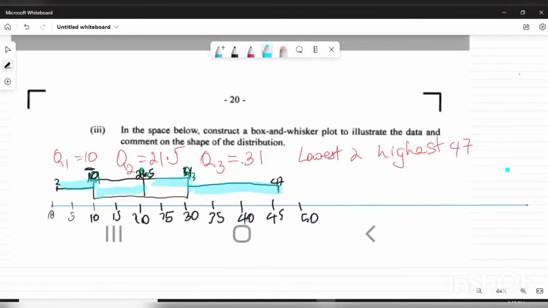It starts from 31 all the way up to 47. It's the longest of the quartiles. Basically, you can just comment based on what you see. When they ask about comment, you're talking about stuff like that: where you see the median, how it compares to the total number of scores, or if you see an extra longer quartile than the others.